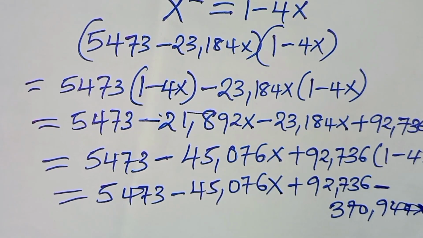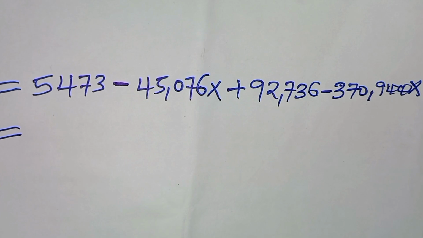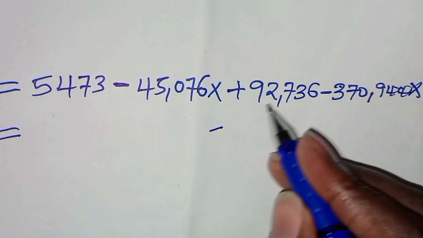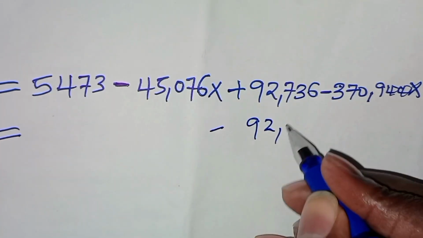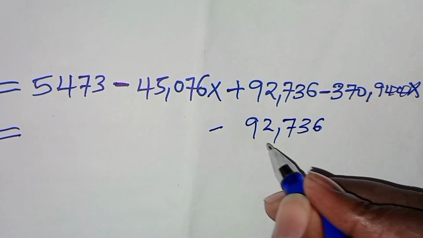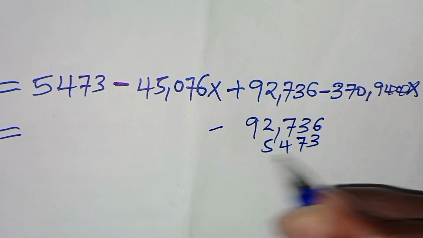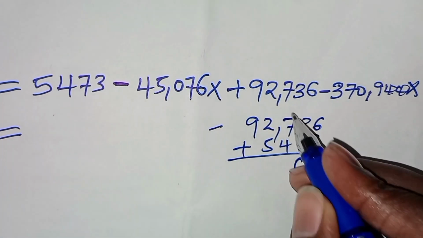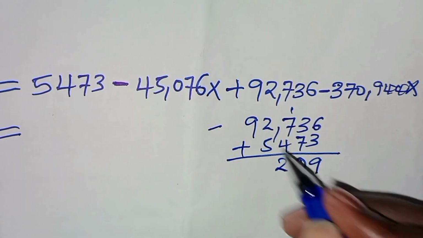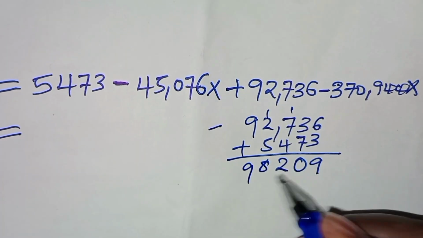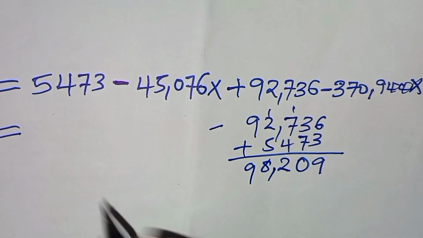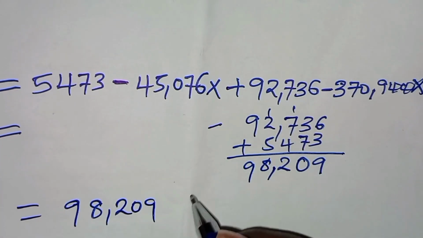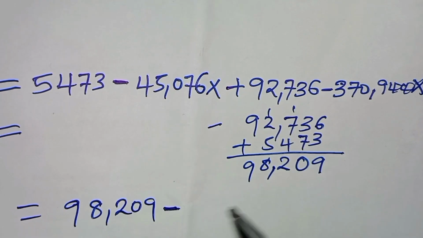Now let's proceed with the like terms together. We have 5473 plus 92,736. So this is 9, this is 10, carry 1, and this is 12, carry 1, this is 8, 9. So this is equal to 98,209.